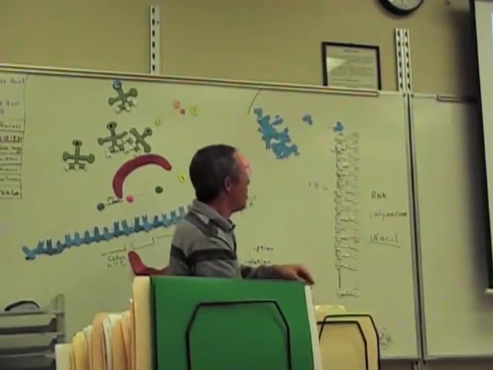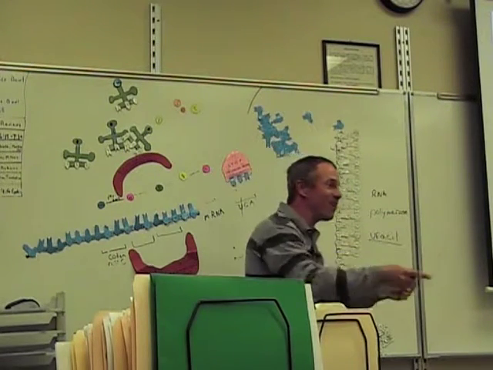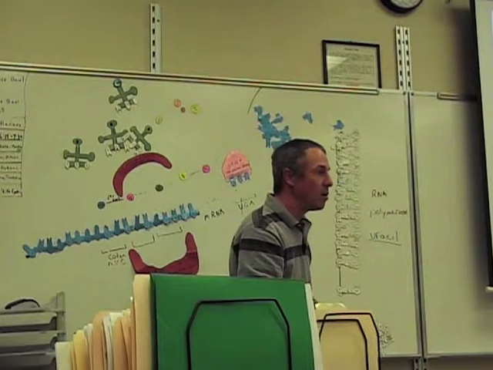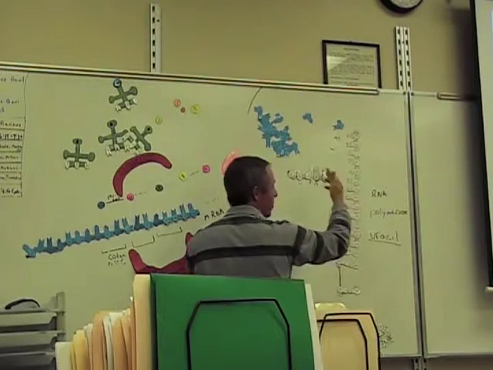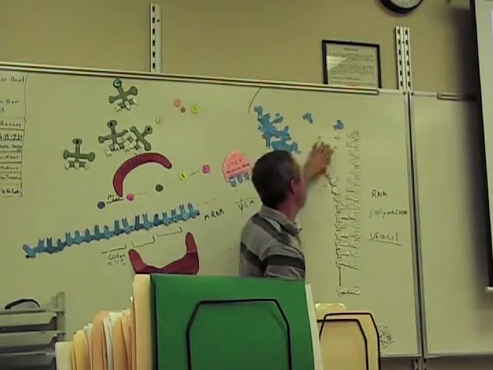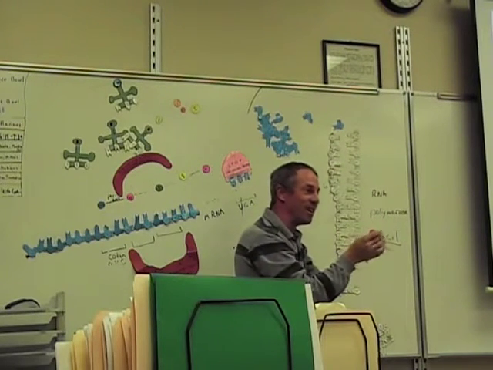So all you have to do is be able to make proteins, and then those are your workers. So you say, hey, we need some carrier proteins. Then RNA polymerase would go in there and transcribe what we call a gene. It finds the gene for making carrier proteins.